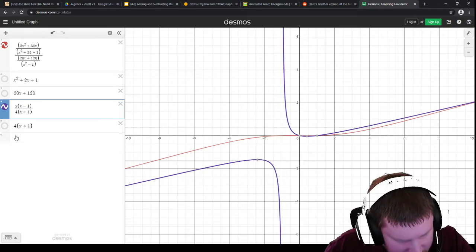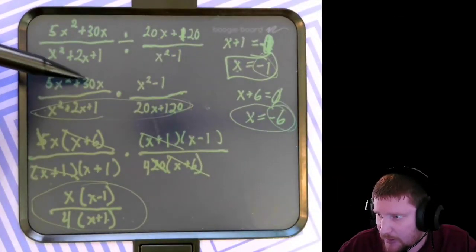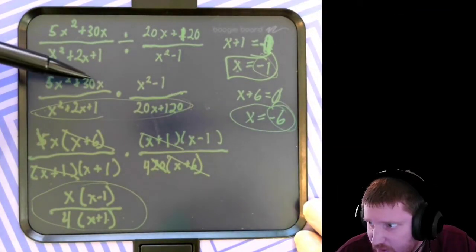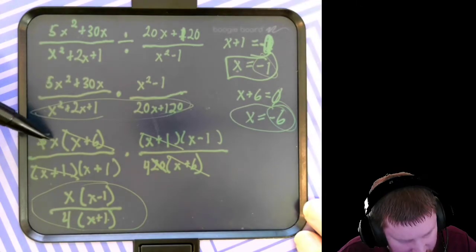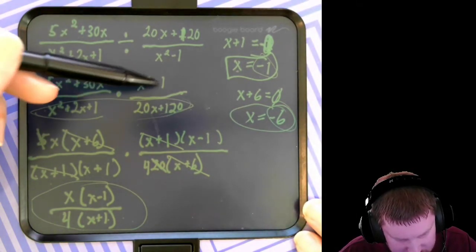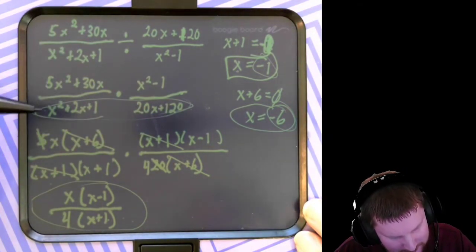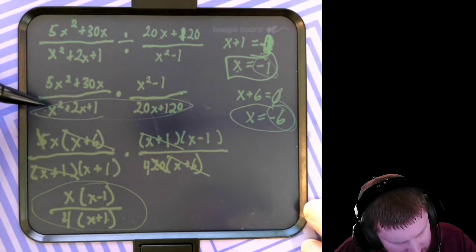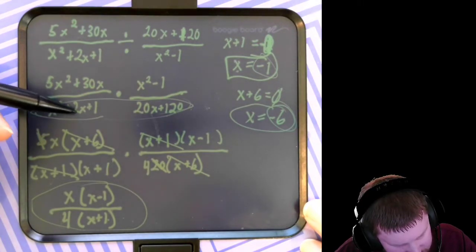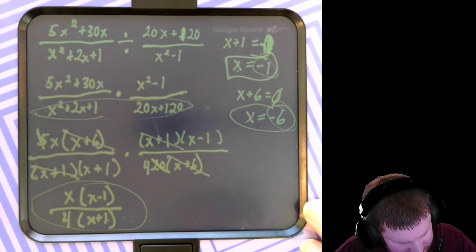So let's see. 5x squared and 30x. Let's go back to the document camera. 5x squared and 30x becomes 5x and x plus 6. That makes sense. x squared minus 1 becomes x plus 1, x minus 1. Okay. x squared plus 2x plus 1 does become x plus 1, x plus 1, doesn't it?